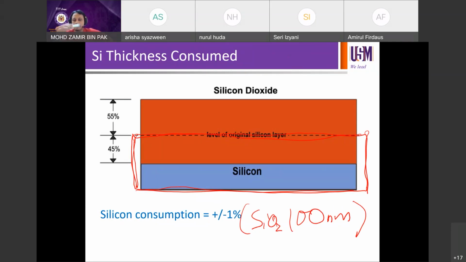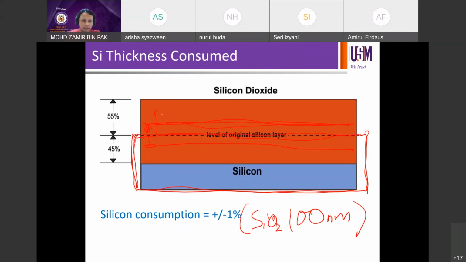So that means to be able to get more and more oxide, you need to use more and more silicon on the surface. As you grow, you get oxide like that, and you consume, say, this much silicon to grow this much oxide.